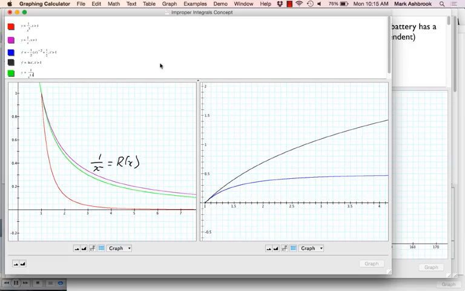But starting at 1 over x, and all rates that are greater than that will not converge. They will get large. So 1 over x is the cutoff, and 1 over x has a divergent net change, and anything less than that, 1 over x to the 1.001, like the green one, will converge. That's the cutoff.